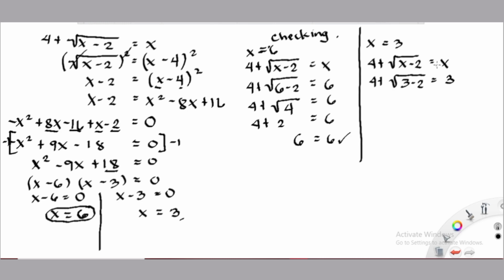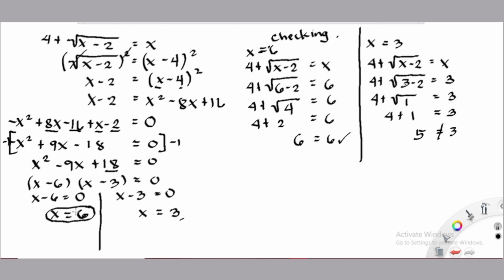Again, we replaced x with 3. Let's do what is inside the radical sign first. 3 minus 2 is 1. The square root of 1 is 1. So this will become 4 plus 1. Is it equal to 3? 4 plus 1 is 5, which is not equal to 3. Therefore, x equals 3 is not a solution to our equation.